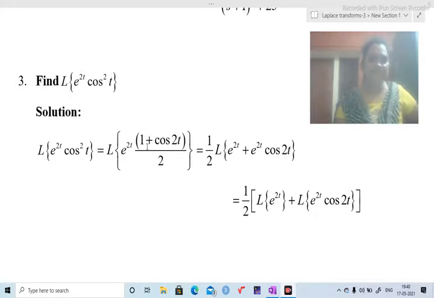By using linear property, we are taking 1 by 2 outside and multiply e power 2t into 1 is e power 2t. e power 2t into cos 2t is e power 2t cos 2t. Again, apply Laplace transform separately. Then we are going to get 1 by 2 into L of e power 2t plus L of e power 2t into cos 2t.